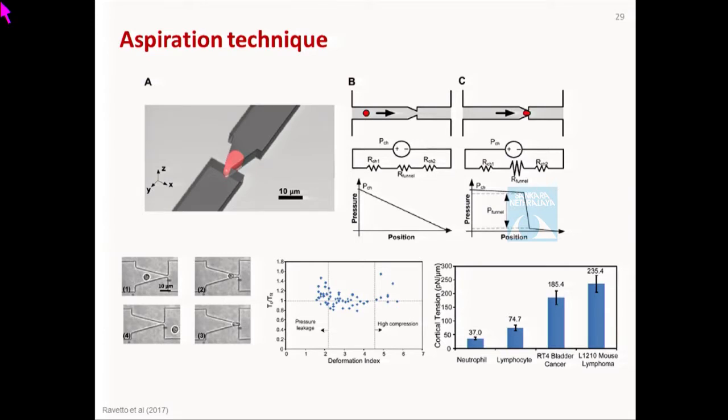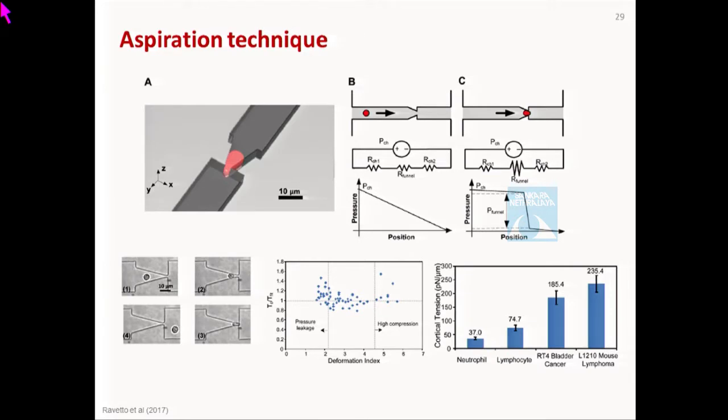But if you have a constriction which is much smaller in dimension, what happens is when the cell gets there, you have this hydrodynamic pressure from here to here, which linearly decreases, but slowly. But then across this junction, where the cell is blocked, you have a very sharp reduction in pressure. And then further, you have this slow decrease in pressure, almost parallel to here.